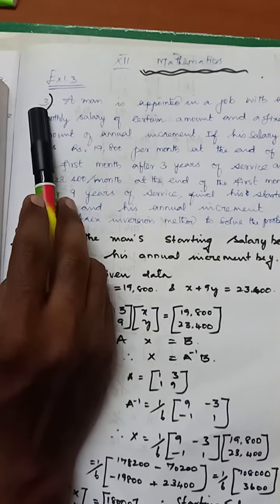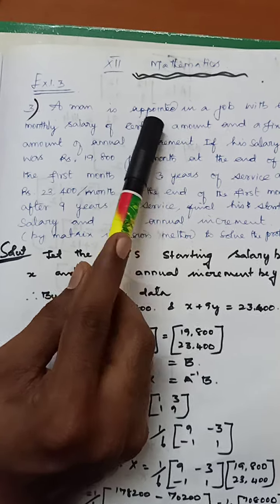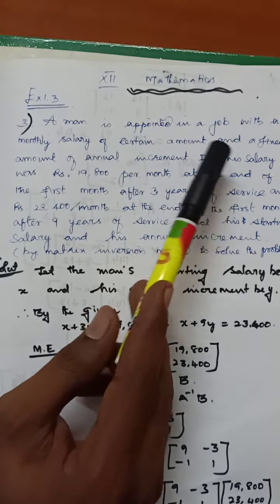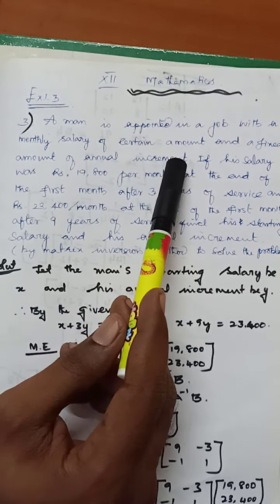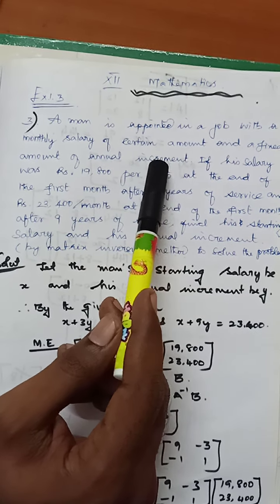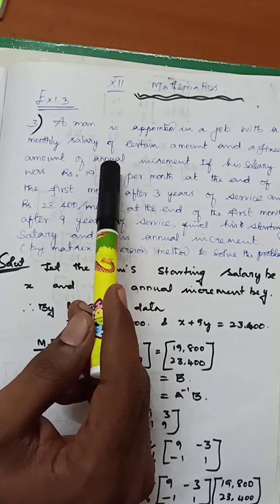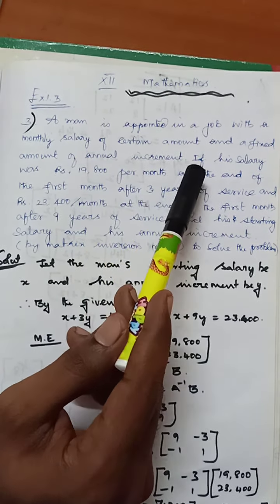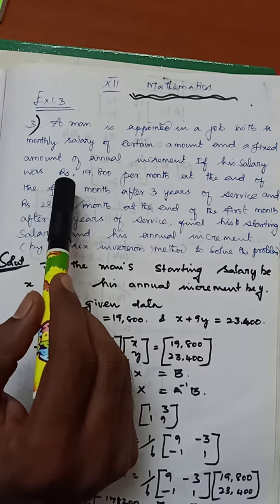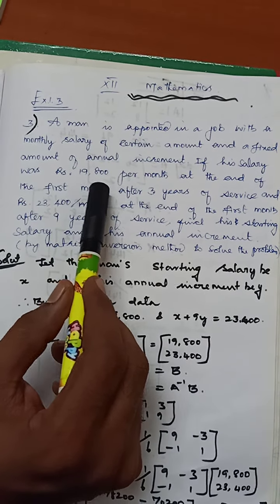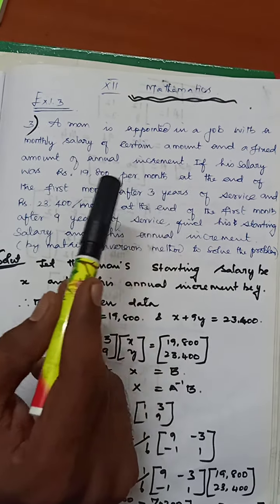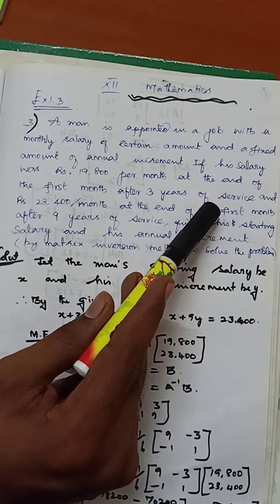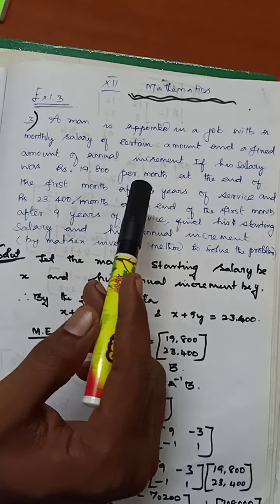Question number 3. A man is appointed in a job with a monthly salary of a certain amount and a fixed amount of annual increment. Suppose your annual increment is 500, meaning each year it increases by 500. If his salary was rupees 19,800 per month at the end of the first month after 3 years of service, so what is the given information?